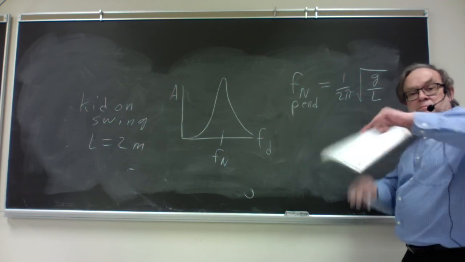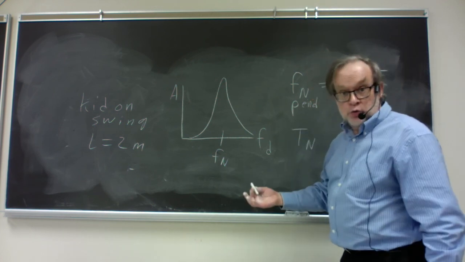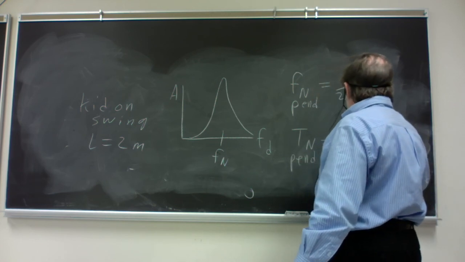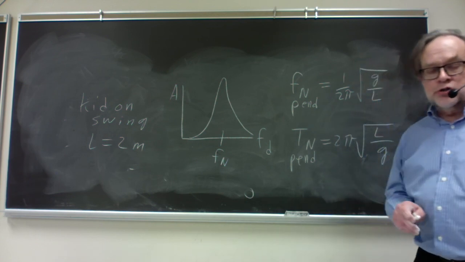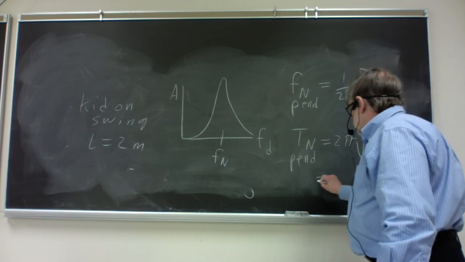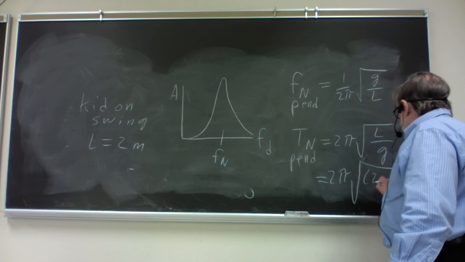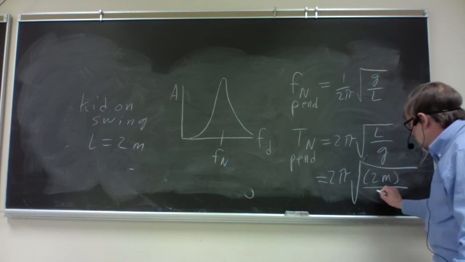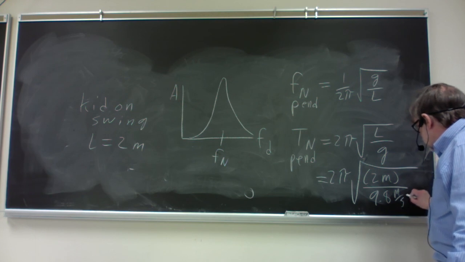Period is just the inverse of that. So the natural period of the pendulum is 2π square root of L over g, acceleration due to gravity. So in this case, we've got 2π square root of 2 meters over acceleration due to gravity 9.8 meters per second squared.